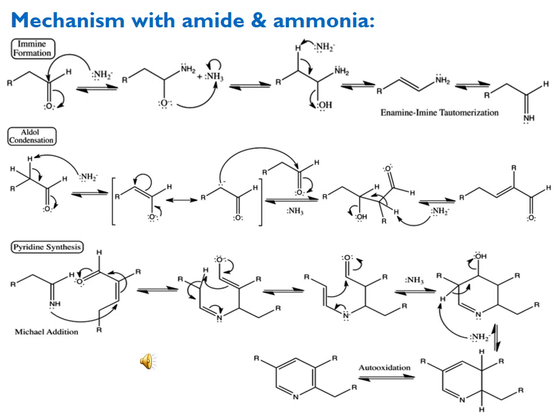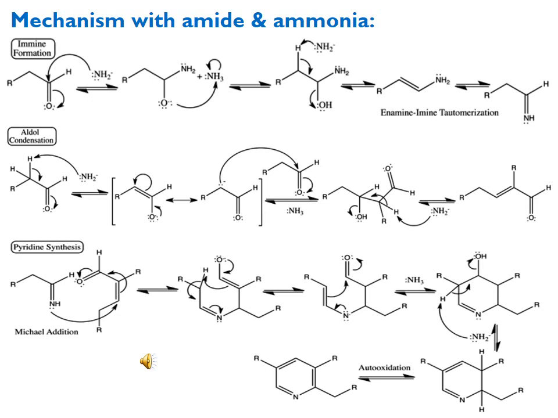In the third step, which is pyridine synthesis, there is Michael addition between the imine, previously formed from one molecule, and this crotonaldehyde formed from these two molecules. We move in such a way that the nitrogen of the imine acting as a nucleophile attacks on the alpha beta carbon double bond, the alpha beta double bond moves towards the carbon, and oxygen gets the negative charge.